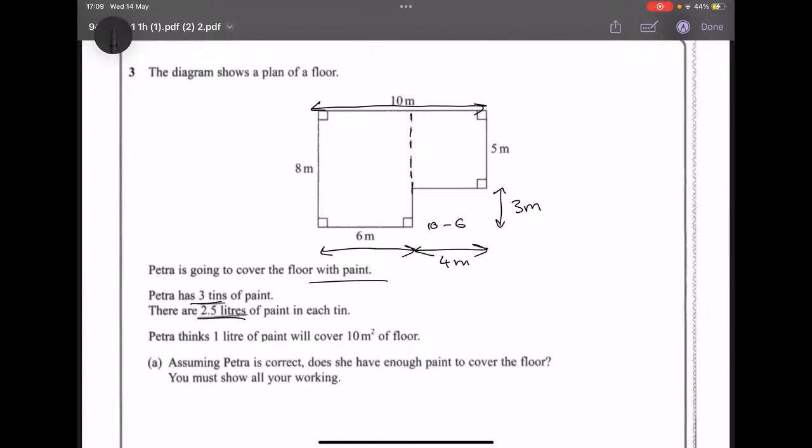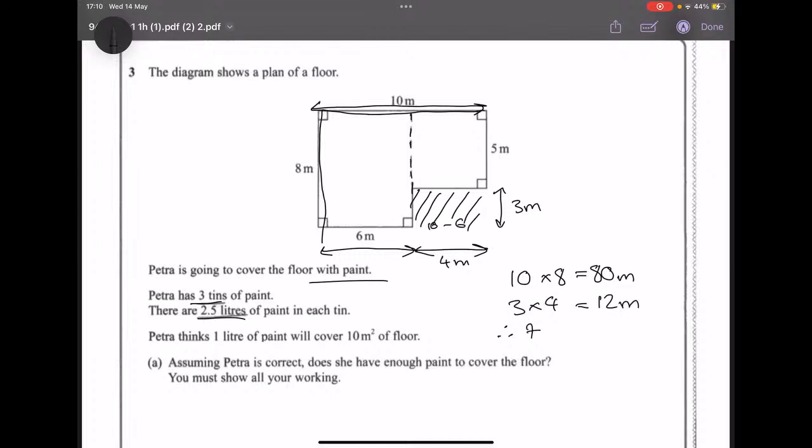Therefore, what we can do is the big rectangle, all of this, subtract this area, which will give us that area. 10 multiplied by 8 equals 80 meters. And the area that we are subtracting is 3 times 4, 12 meters. Therefore, the total area of the floor equals 68 meters.